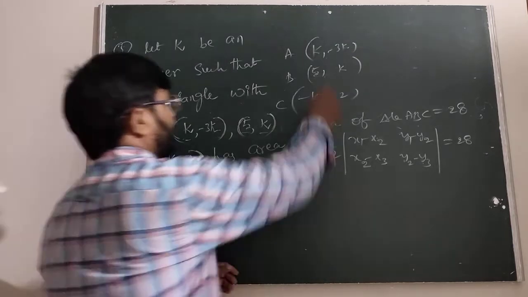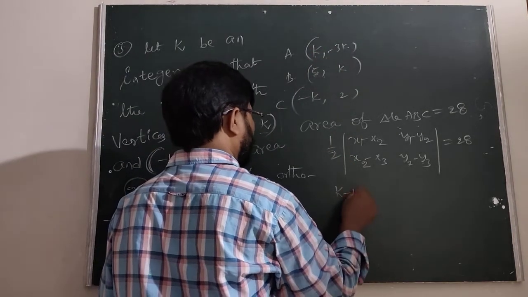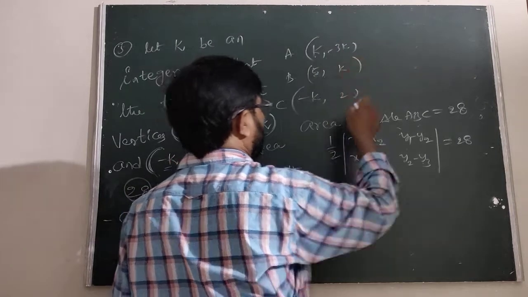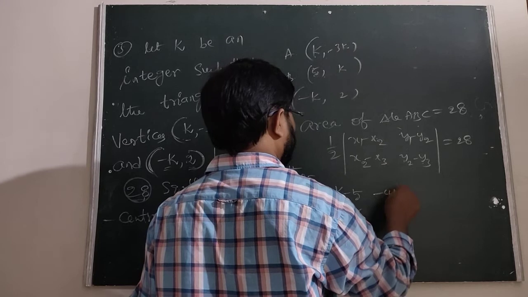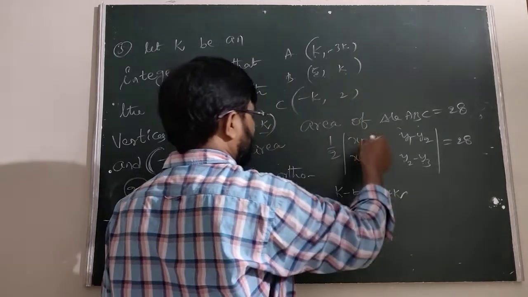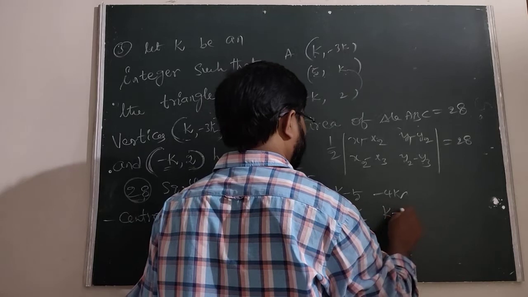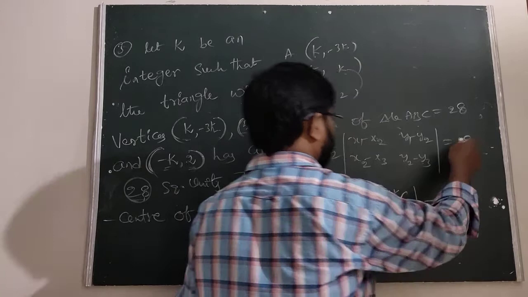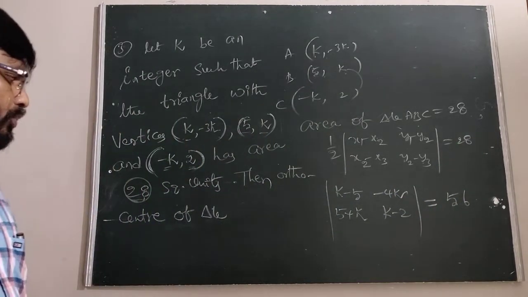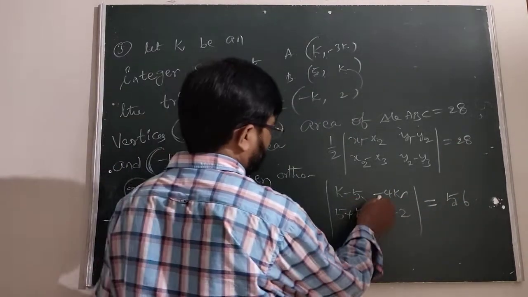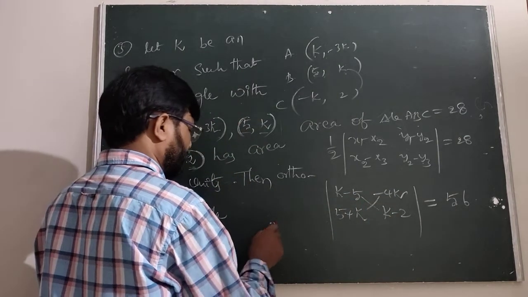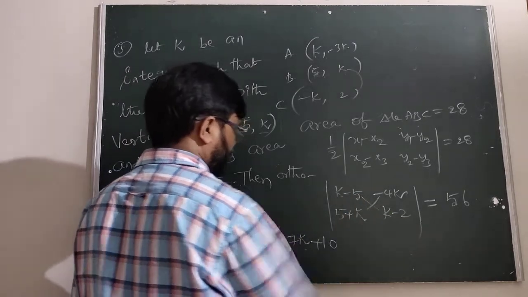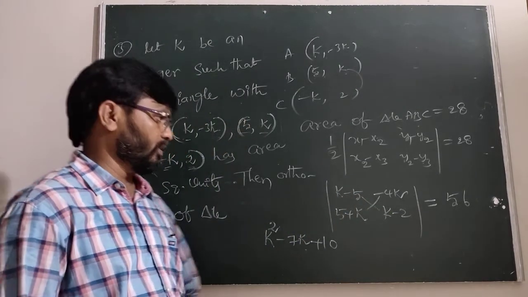x1 minus x2 is k minus 5, then 5 plus k, then minus 3k minus k, that is minus 4k, and k minus 2, modulus equal to 56, sending the 2 to the other side. Now this is AD minus BC. AD is (k minus 5)(k minus 2), that is k square minus 7k plus 10.